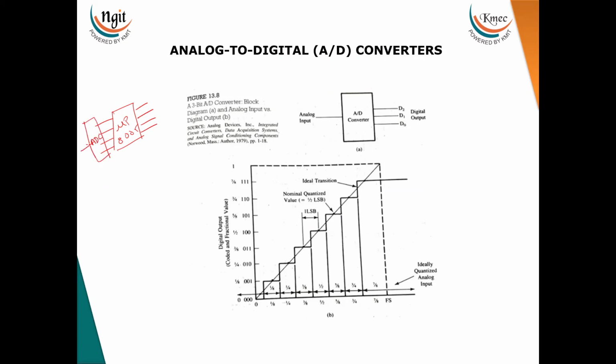For this, you apply the analog signal, and this analog to digital converter will convert the analog form to digital, and these digital signals are applied to the microprocessor. After the processing, the microprocessor will generate digital information. Now, if you want to control analog devices using this digital information, you can't apply the digital signal directly to that analog device.